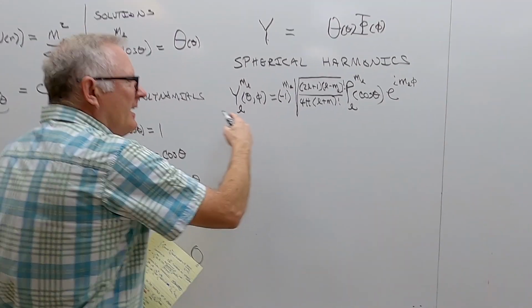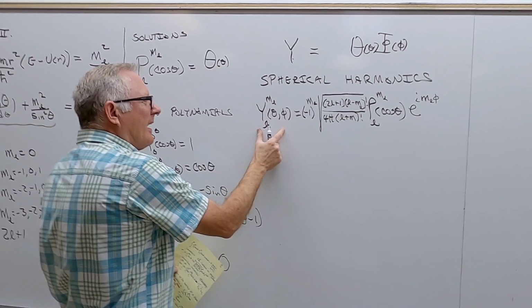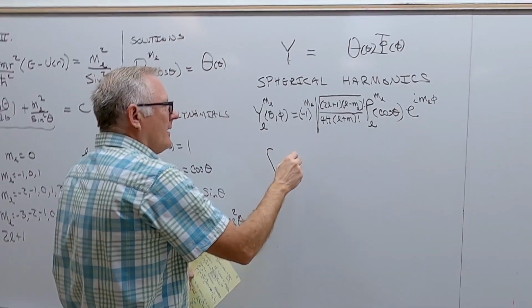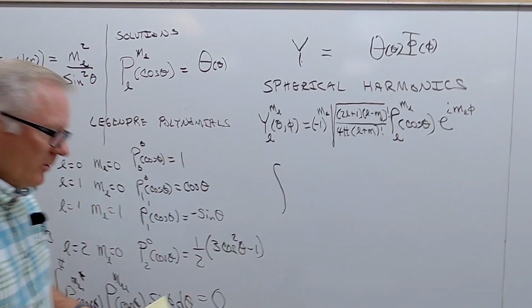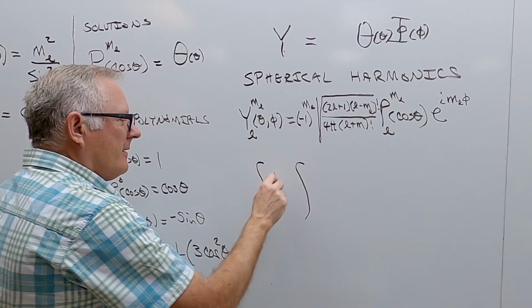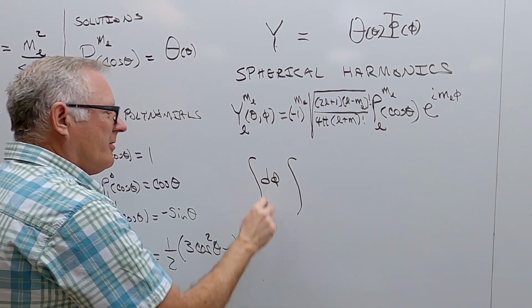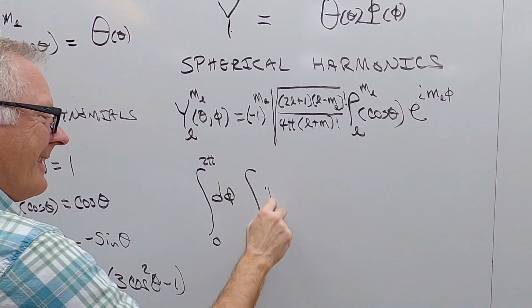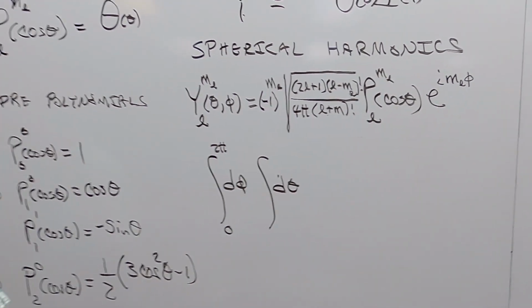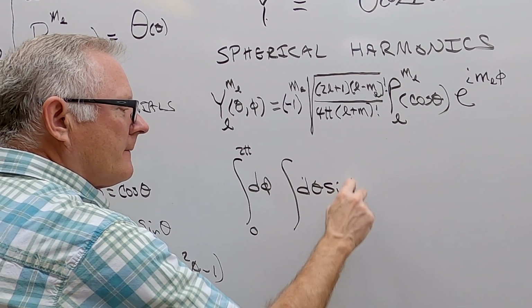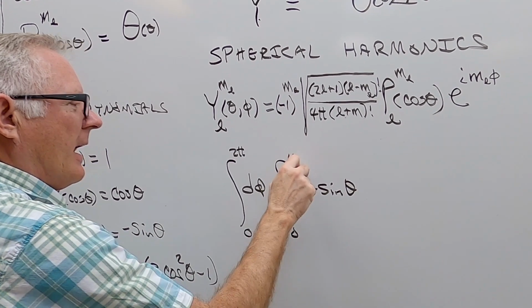So if I were to integrate this with itself, with the star, now we have to do a double integral because we're integrating over theta and phi. Our d phi goes from 0 to 2 pi, and our d theta, which goes with the sine theta, goes from 0 to pi. Remember, we always have to put a sine theta when we're integrating over that.